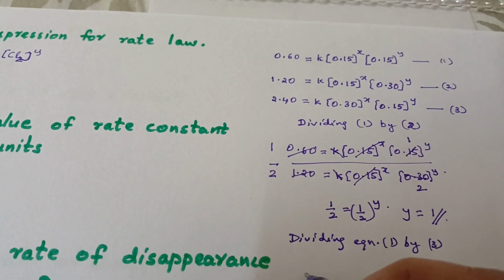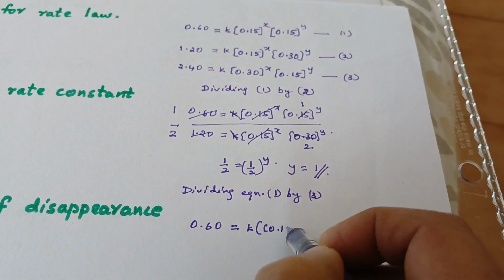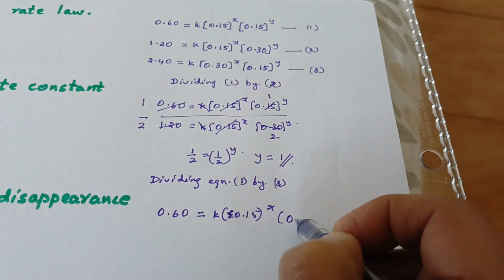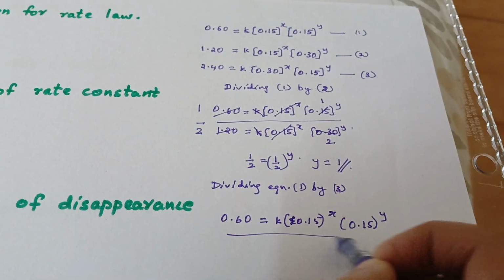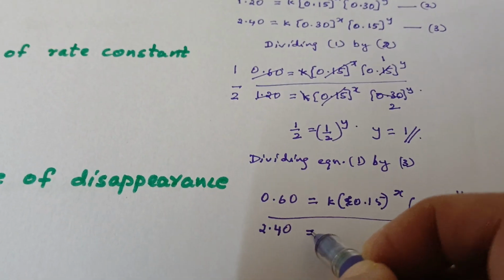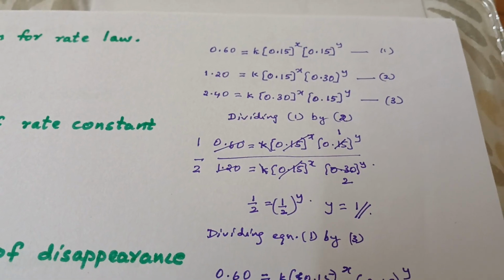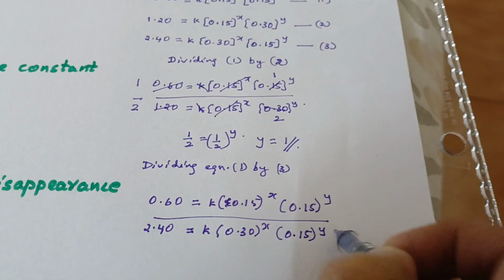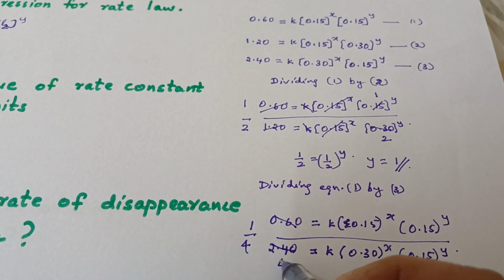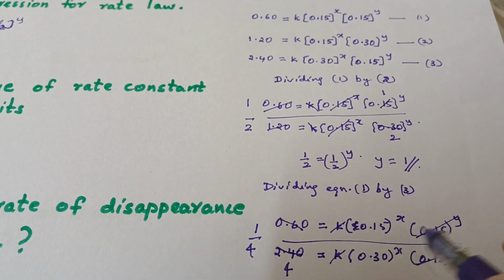First equation is 0.60 equal to K into 0.15 raised to X into 0.15 raised to Y divided by the third equation, 2.40 equal to K into 0.30 raised to X into 0.15 raised to Y. Here also on simplification, 1 by 4 equal to, these terms will get cancelled, K and K will get cancelled.